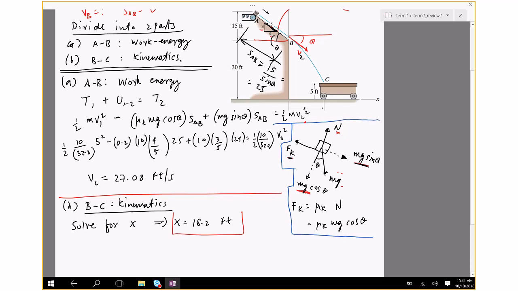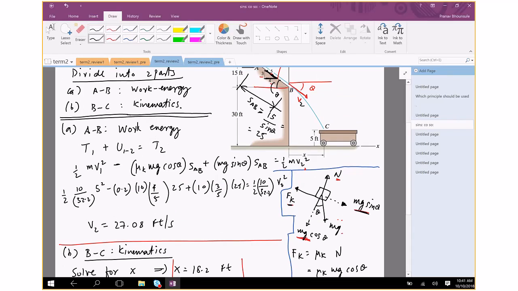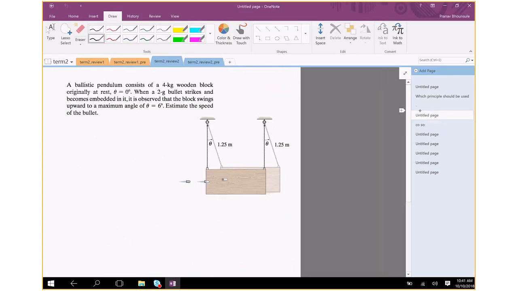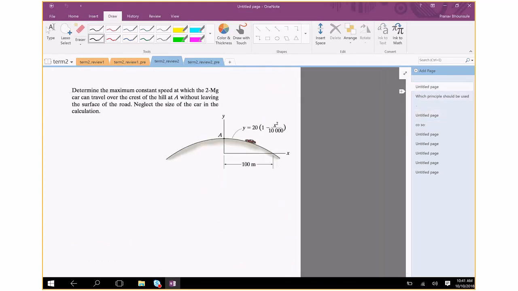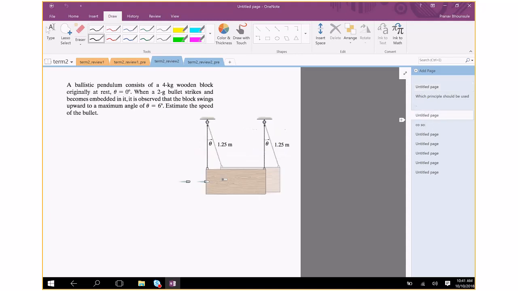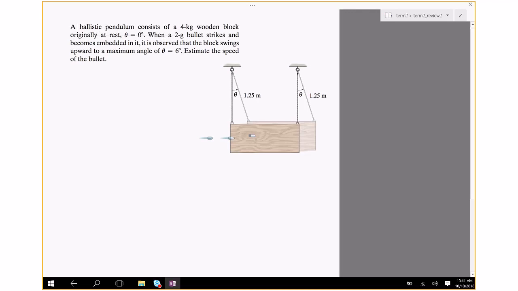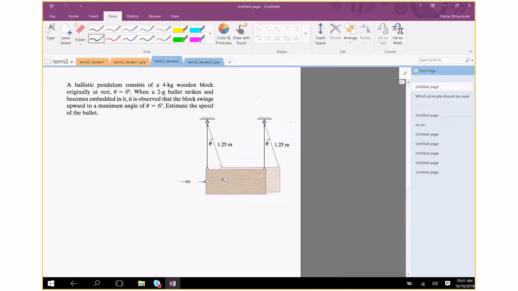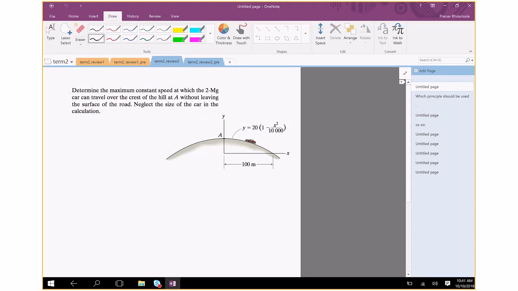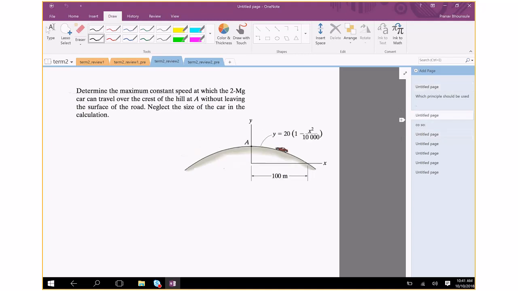Okay, so we are left with two questions. Do you have any preference? There is this question and that question. The block? Okay, let's do this one. What's that? The question was, do you have a preference on which question I should solve? The question from the book. Oh, which question is it?